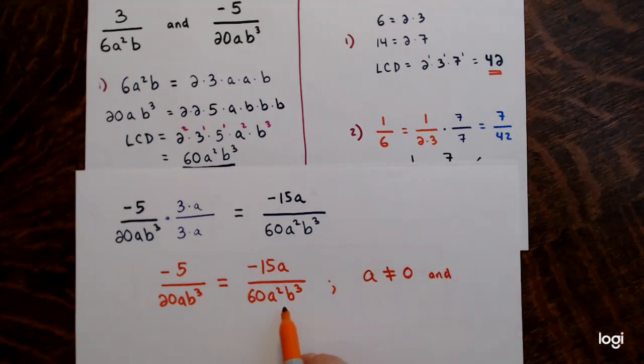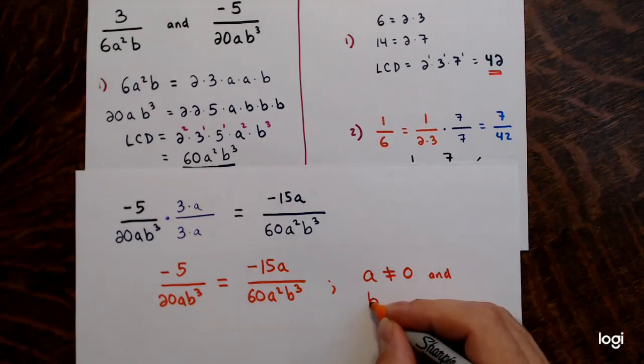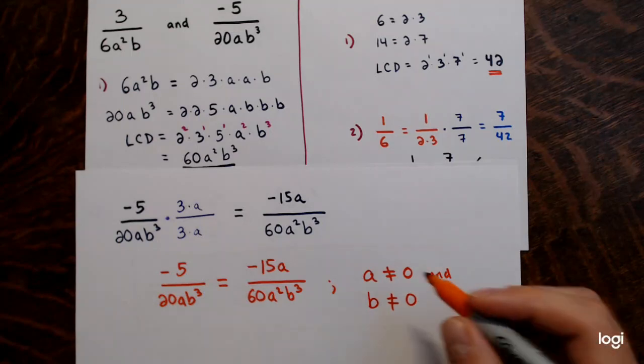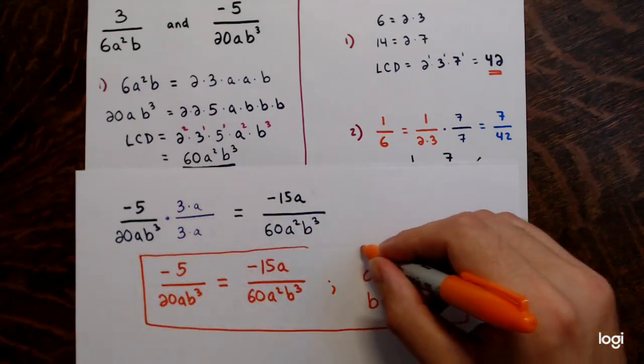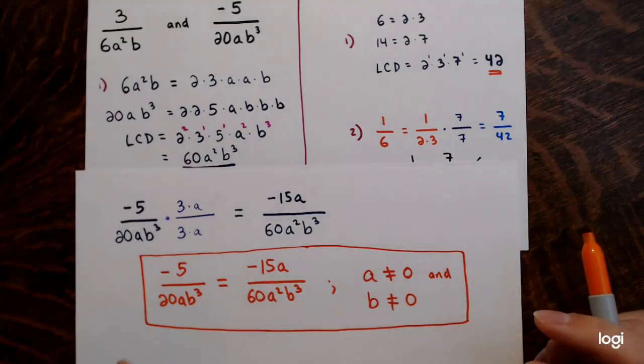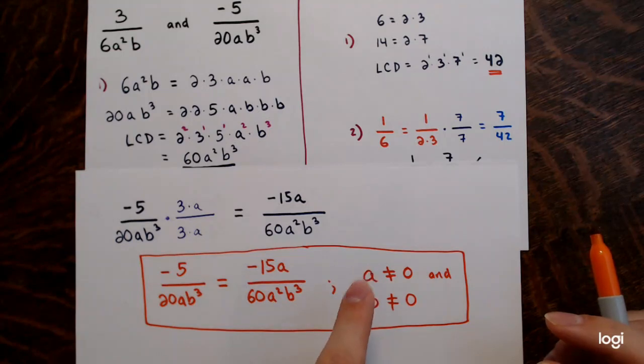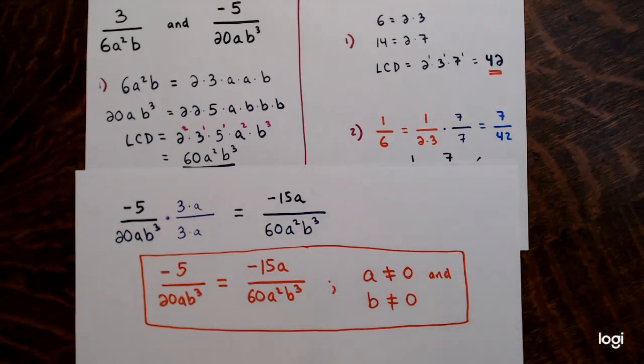And also I've got factors of b, actually 3 factors, but there are still factors of b in these denominators, so b cannot be 0 either. All right, so as long as those two numbers aren't 0, this is a good statement. This fraction will indeed have the same value as this fraction, as long as I don't replace a and b with 0. But replace them with anything else and you're fine.